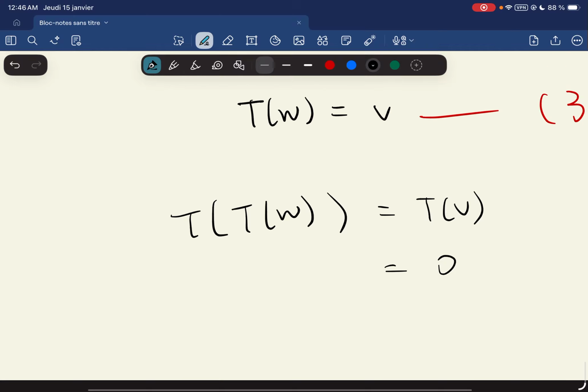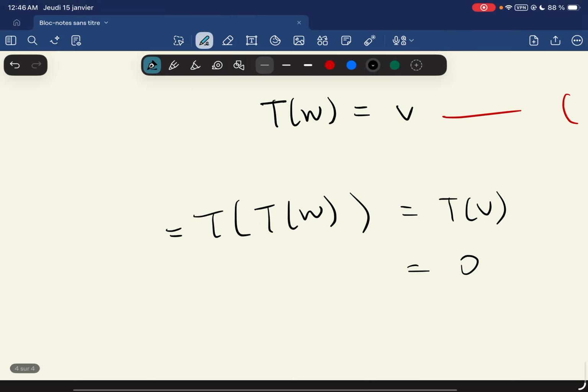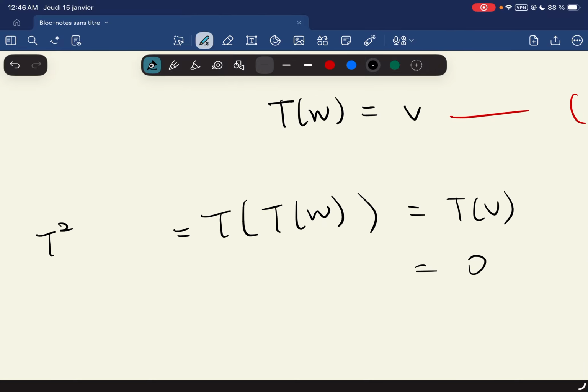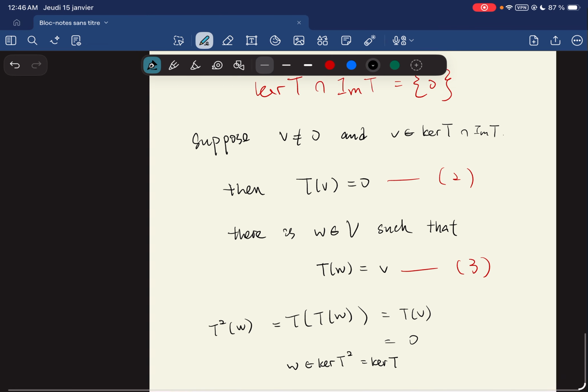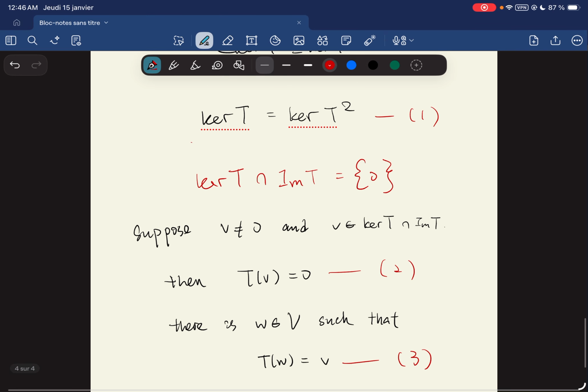Well, what does it mean? If we look at it clearly, or we write this as T squared w. So w is inside the kernel of T squared. But what is the kernel of T squared? The kernel of T squared is the kernel of T by this fact we have just proved.